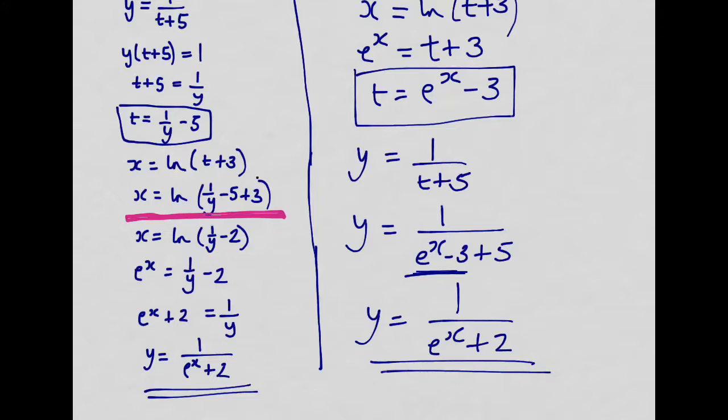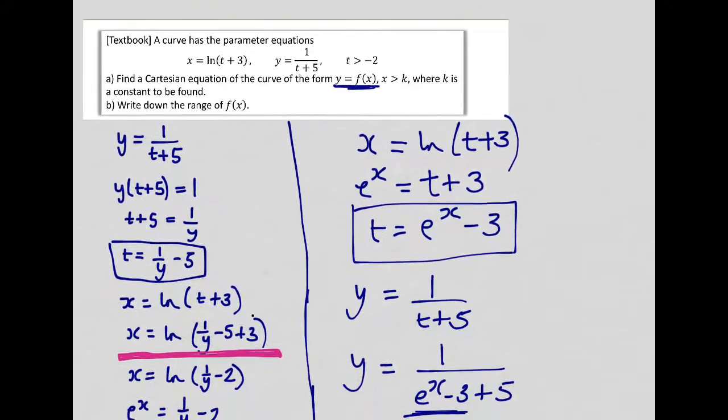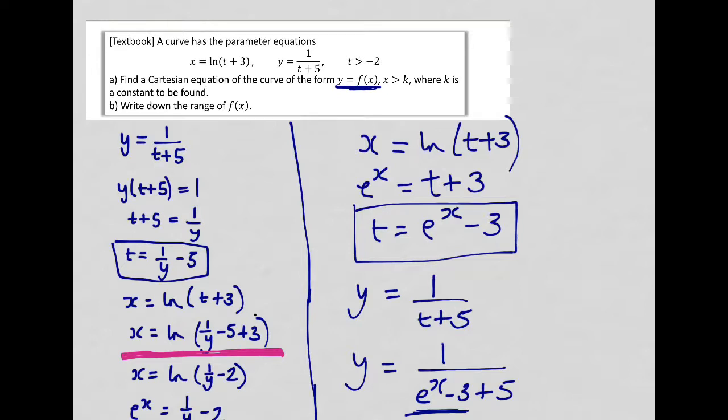Now we have got the Cartesian equation, which is really, really good, but we do need to go back and just check we fully have answered the question. Always should do that. So here, find a Cartesian equation, yes, of the curve of the form y equals f of x, where x is greater than k and k is a constant to be found. So I need to write down about my domain, because this is a domain. It's what x is.